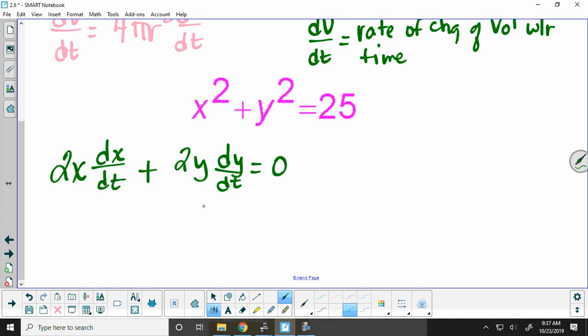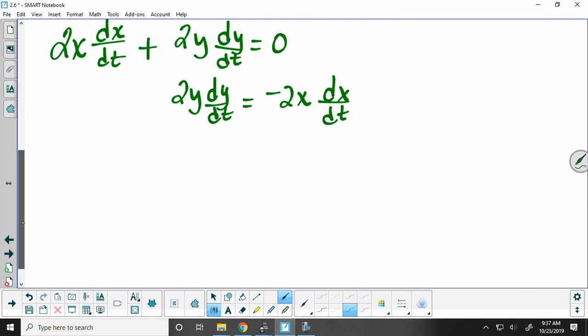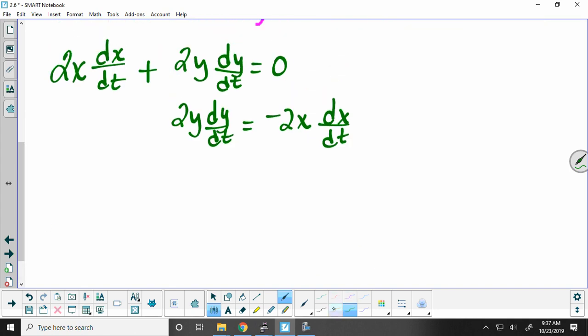0. So one of the things I will do is I will move my 2x to the other side, just so the rates are on opposite sides. But solving for dy over dt versus dx over dt is really, one is not better than the other. But what can I do to work smarter and not harder?